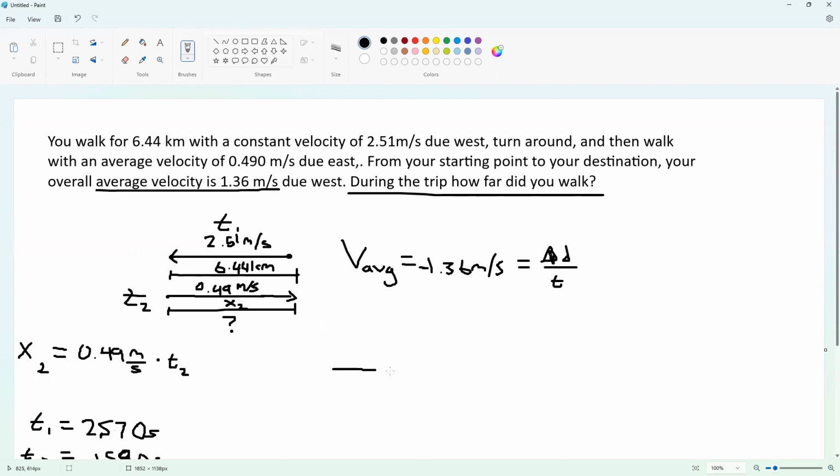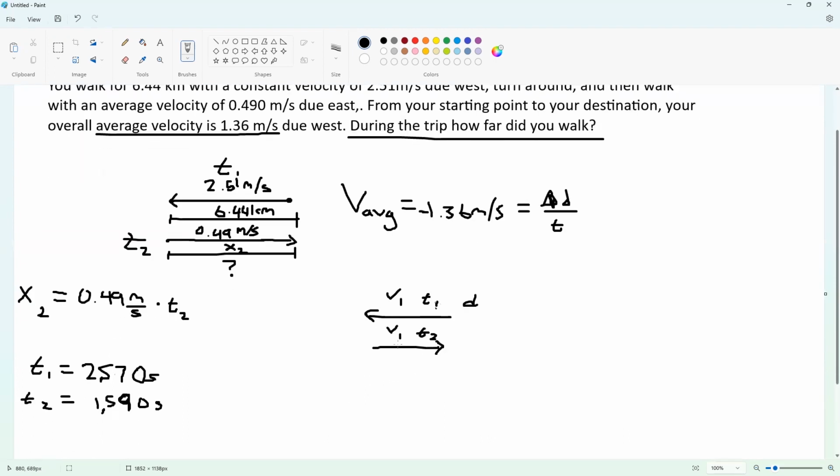We walked this way with some speed, v1, and some time. And then we walked this way with some speed and some velocity. So we're supposed to add the 2 displacements together.